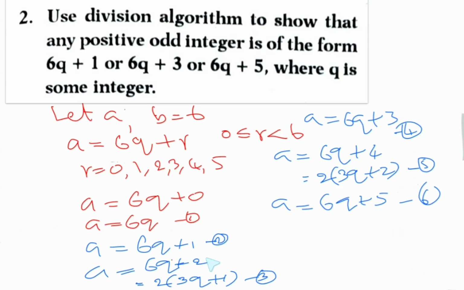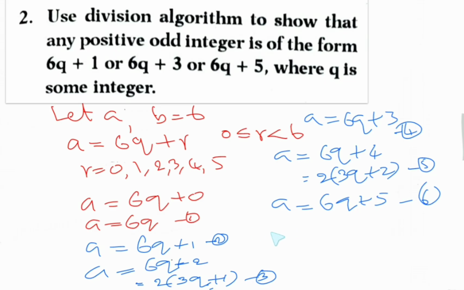And the third one is 2 into 3q plus 1, a number multiplied by 2, so it is an even number. The fourth one, 6q plus 3, is an odd number. And the fifth one is 2 into some number, so it is even. And the sixth one is also an odd number.